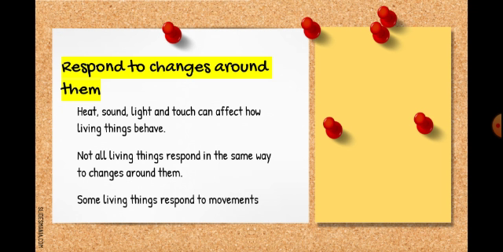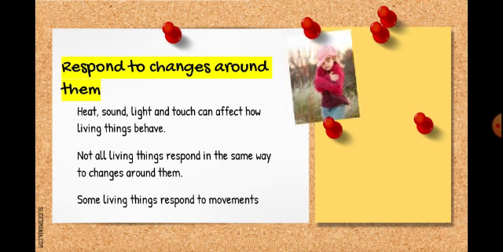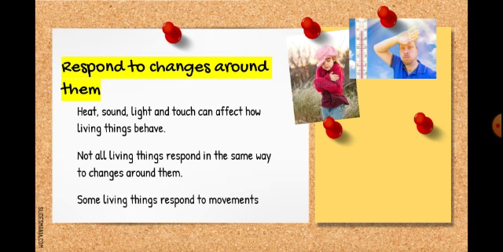Okay, living things respond to change around them. Heat, sound, light, and touch can affect how living things behave. For example, we shiver when we feel very cold, or we sweat when we feel warm.